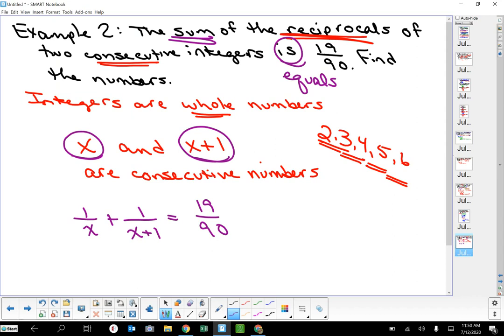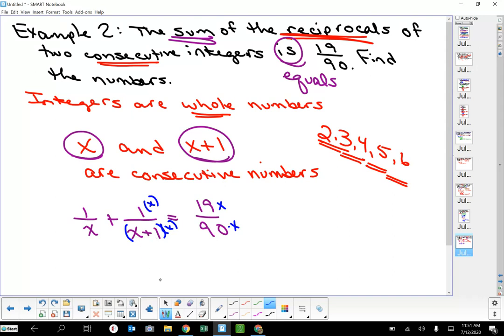And we need to find a common denominator first. And that common denominator is going to have all three of these pieces, right? So we'll work from left to right. The x is already in the first fraction, but the second one needs to be multiplied by an x, top and bottom. So does the 19.